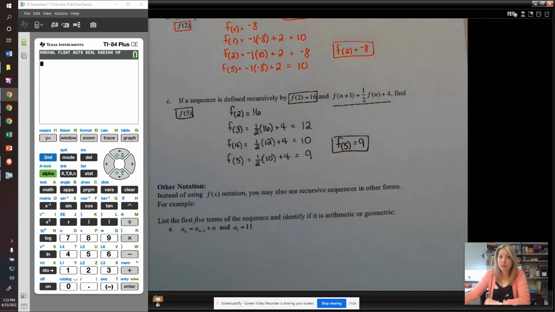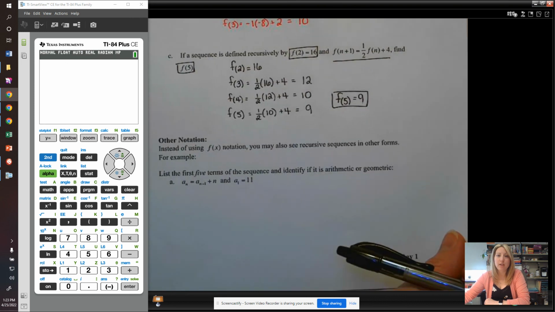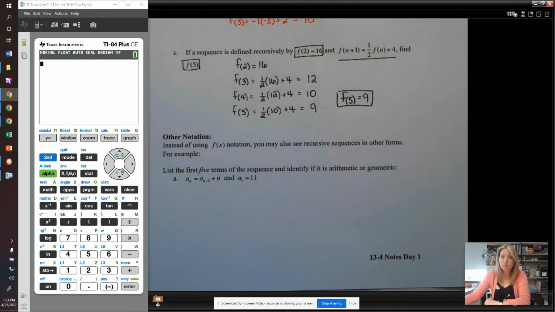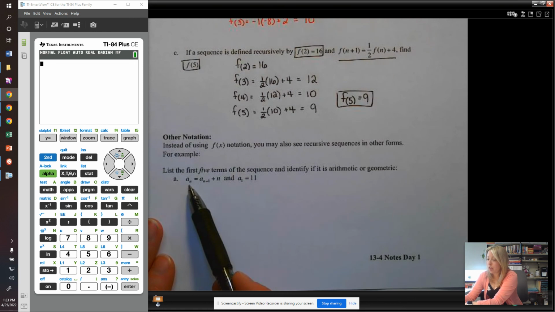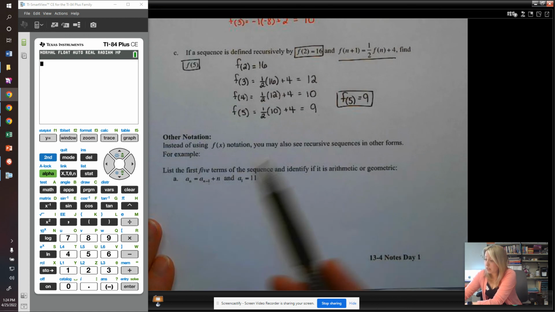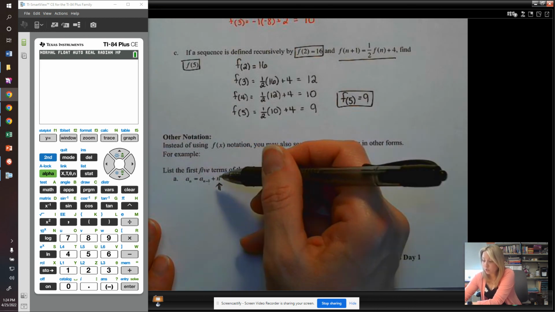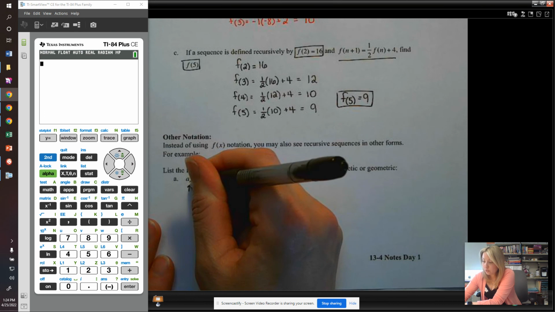All right. Last type of notation for recursive sequences that you may end up seeing. So you also might see this: a subscript n is equal to a subscript n minus 1, the previous term, plus n. So what this means, and this is a real true recursive, is this is also related to the nth term.